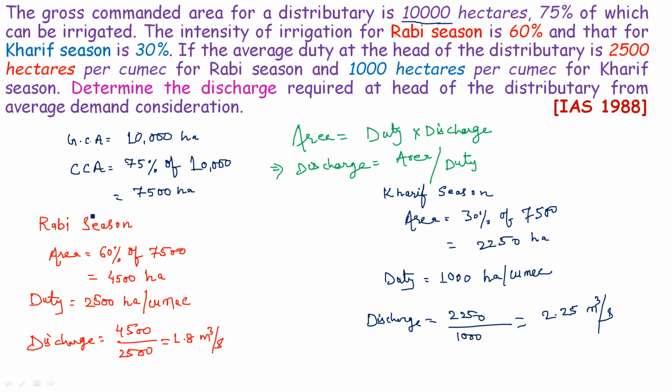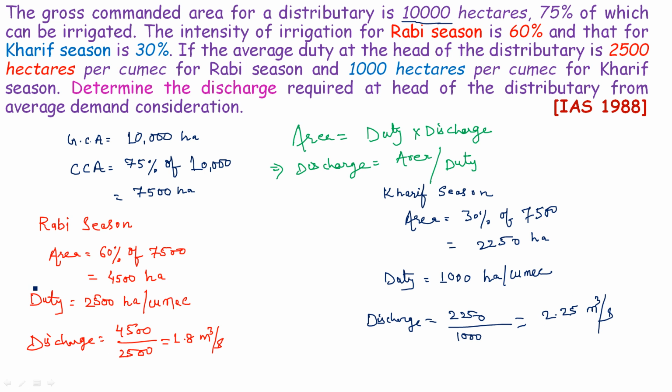Whatever discharge we design for the canal should fulfill the water requirement for Rabi and Kharif season. In Rabi season, 1.8 meter cube per second is required, and for Kharif season, 2.25 meter cube per second of water is required.